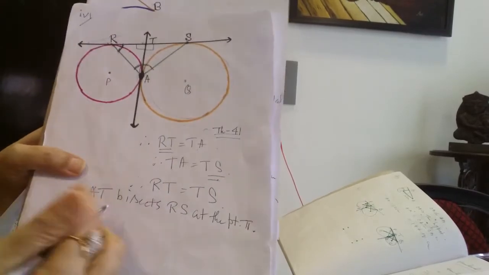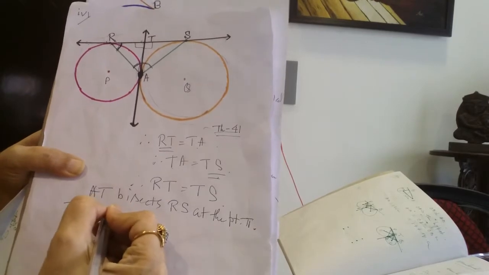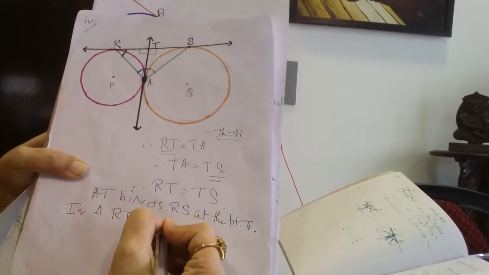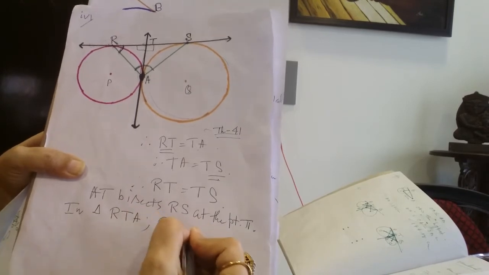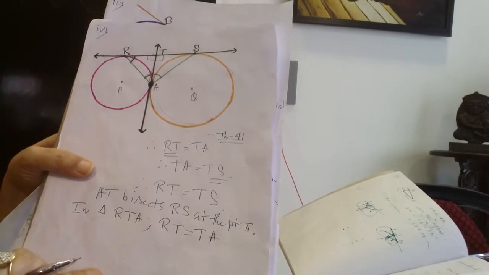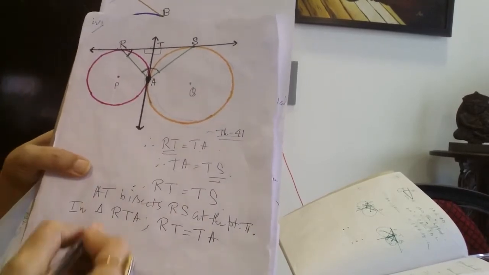So from here, in triangle RTA, RT equals TA, so it is an isosceles triangle, therefore base angles are equal.